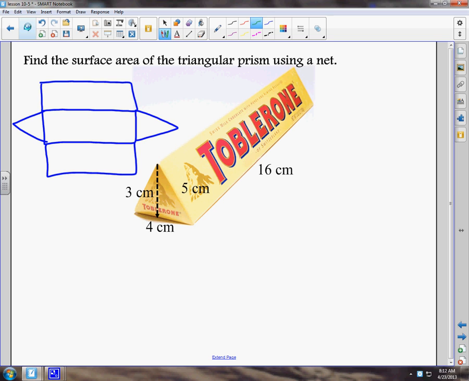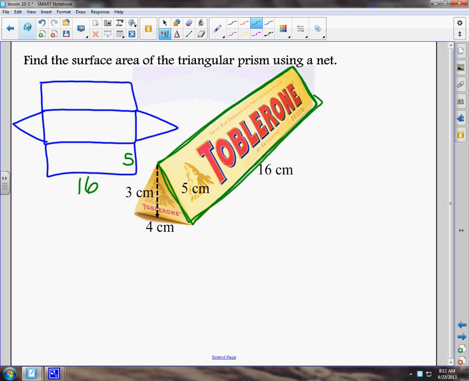So if I want to find the surface area of this, I know that this rectangle is 16 by 5.